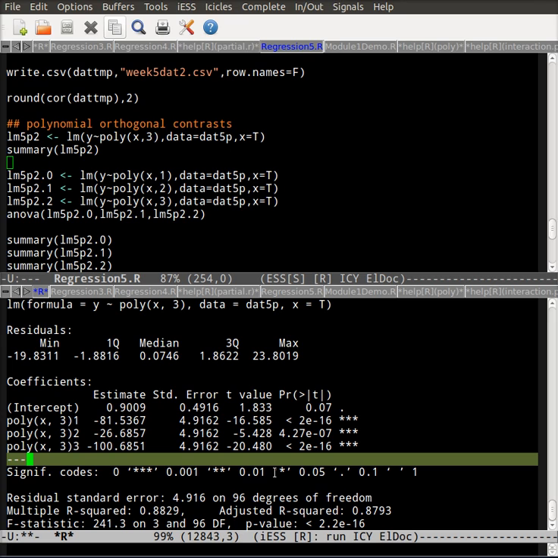Now remember back to what you learned in data aggregation. If we created principal components, we could create 3 orthogonal principal components because we have 3 predictors, and those orthogonal principal components wouldn't necessarily be the terms that we cared about.